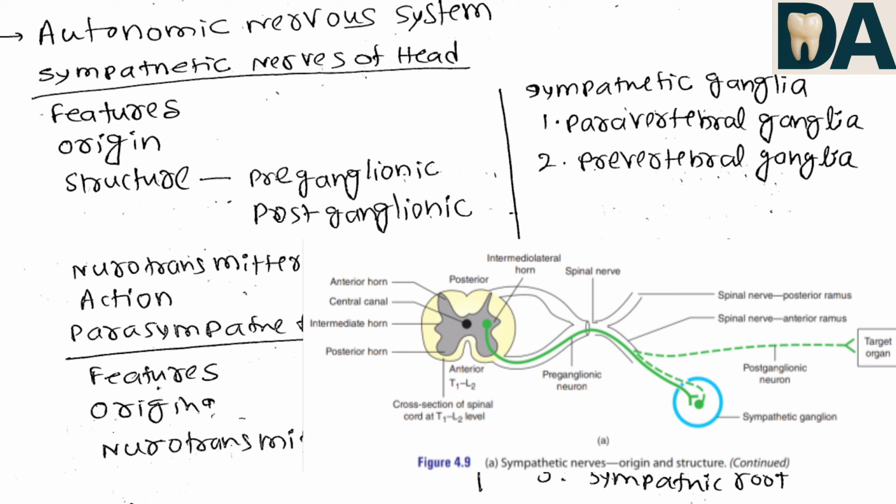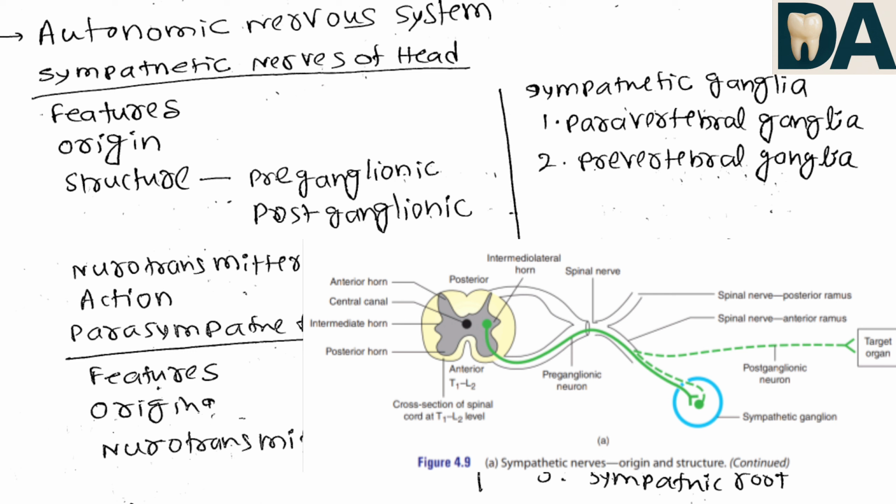Characteristically, the postganglionic axons are longer than preganglionic axons. Axons of sympathetic nerves exit the spinal cord through the anterior root. They run adjacent to the spinal or sensory ganglion and enter the anterior rami of spinal nerves.